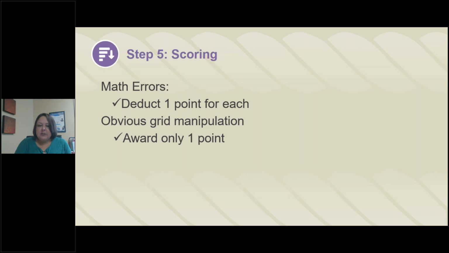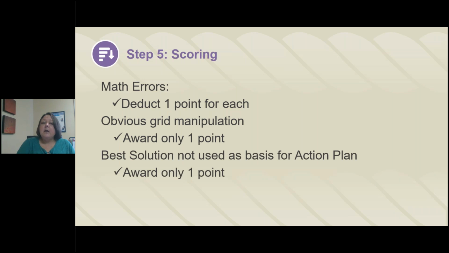That manipulation indicates that they did not use the tools which are designed to help them with their thinking process and the analysis of their solution ideas. If they simply just put numbers on the piece of paper to complete the task, they've missed the point of it, and they haven't used the thinking process that's critical at this stage. So even if all the math is correct, and even if the best solution is used, they would only receive 1 point.